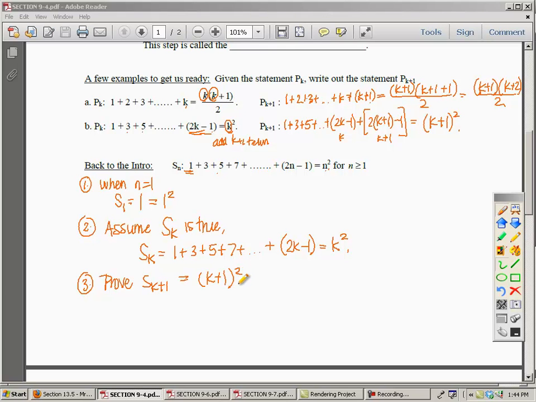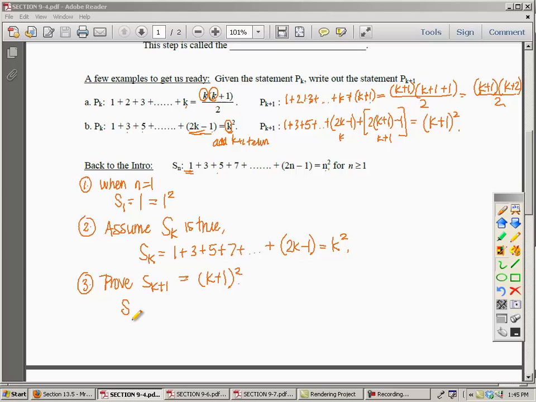My goal is to prove this, that by the time I'm done, I can get K plus 1 squared. Okay, so here we go. In order to do this, we do exactly what we did before, and we find the sum of K plus 1. Okay, so here I go.